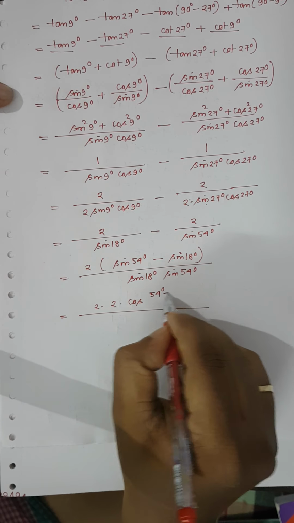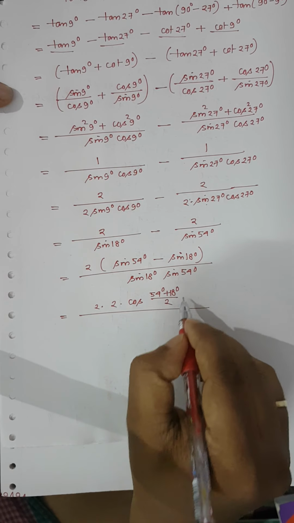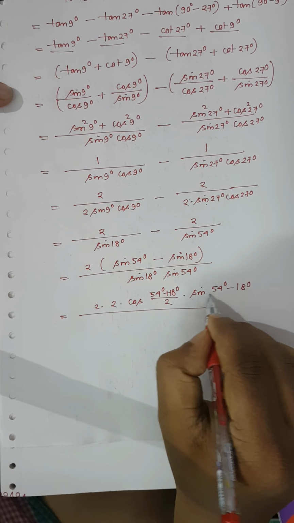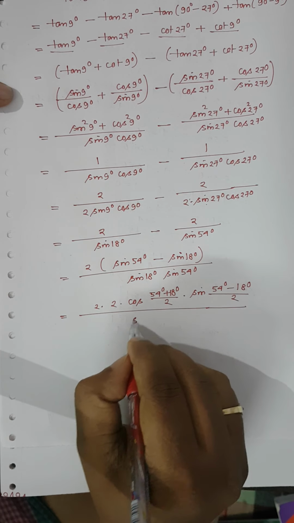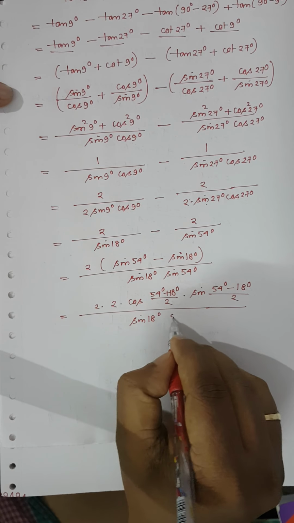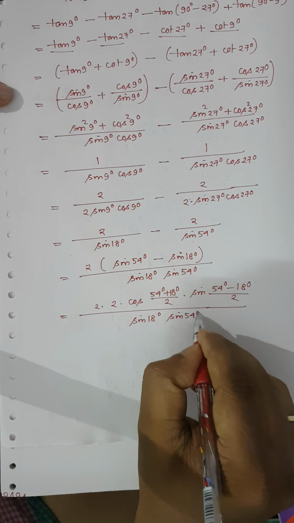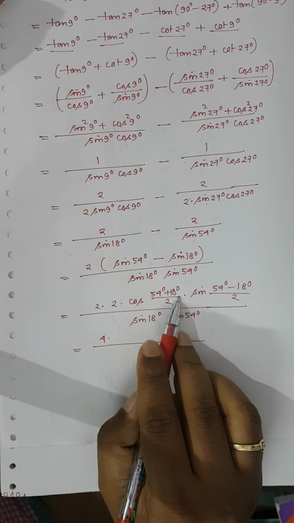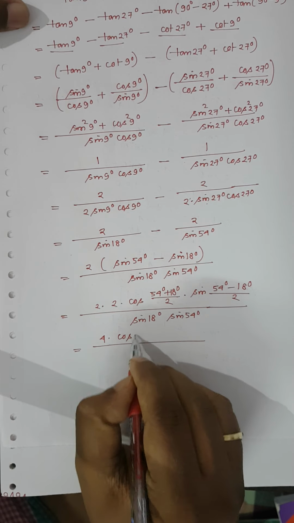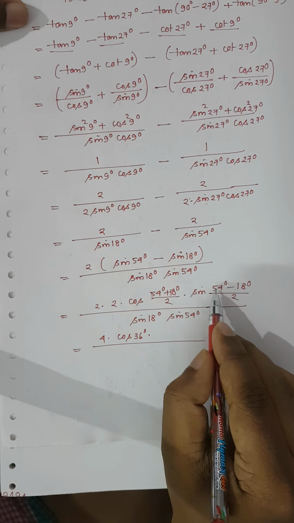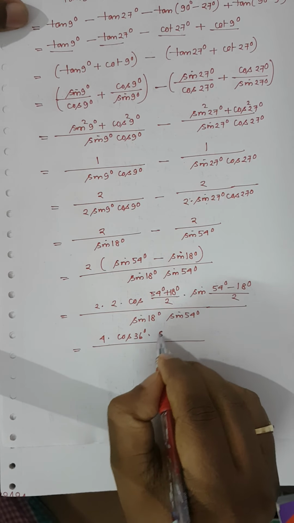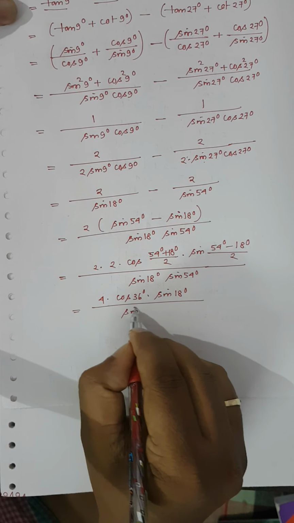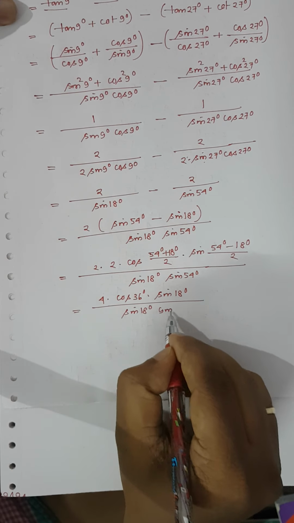So it is 2 cos((54°+18°)/2) sin((54°−18°)/2), so 4 times cos 36° sin 18° over sin 18° sin 54°.